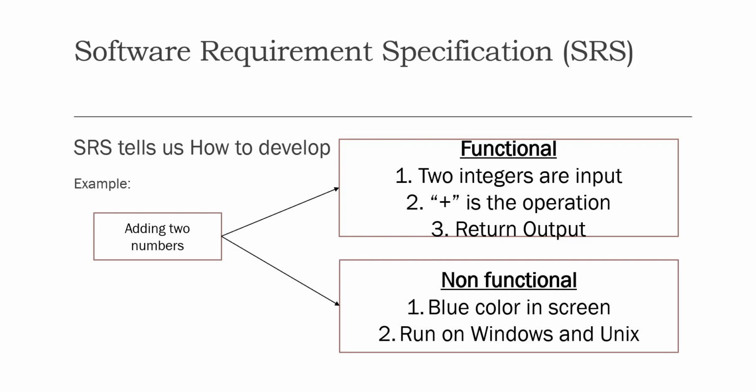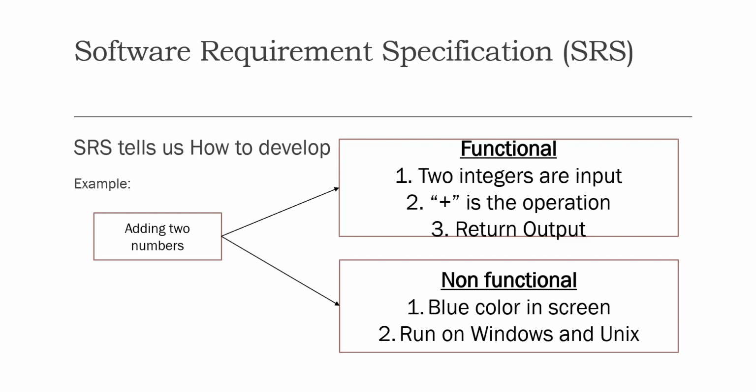Then the functional requirement specification gives us very descriptive and detailed information regarding the software we are going to develop, meaning what the design will be and what we are going to develop in this particular software. We get very detailed information in the functional requirements of a project, product or software.